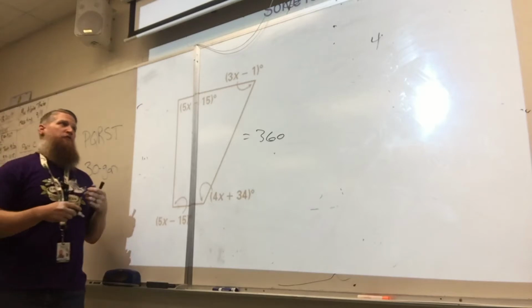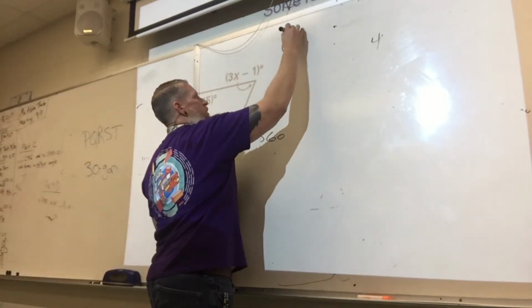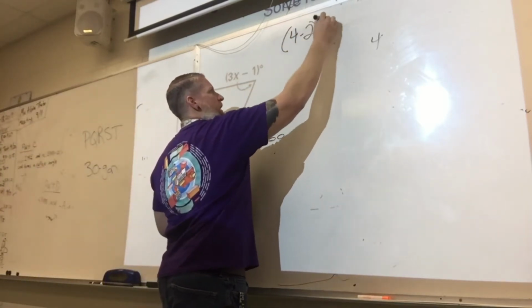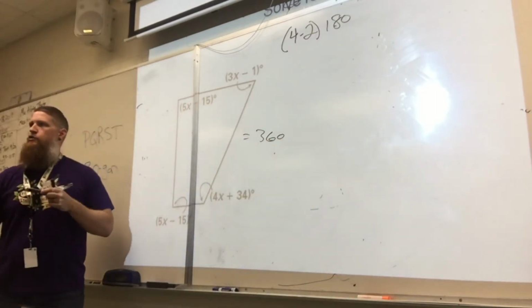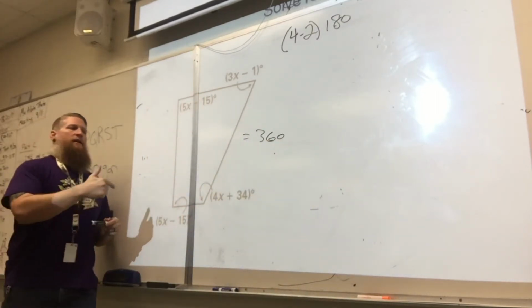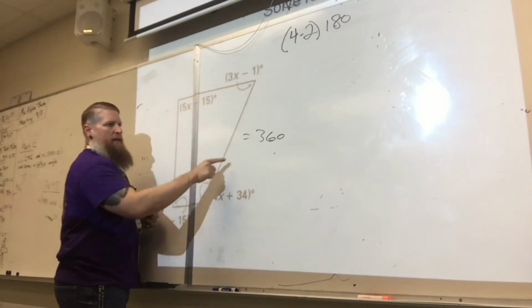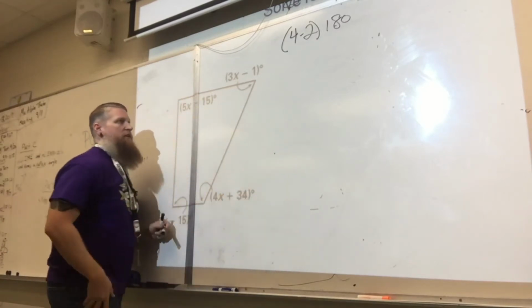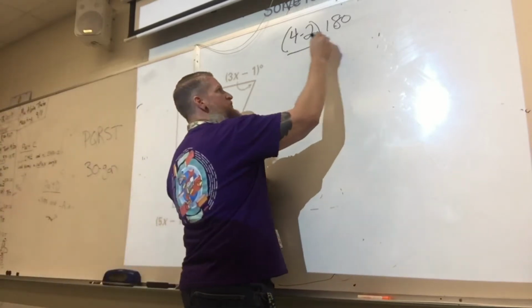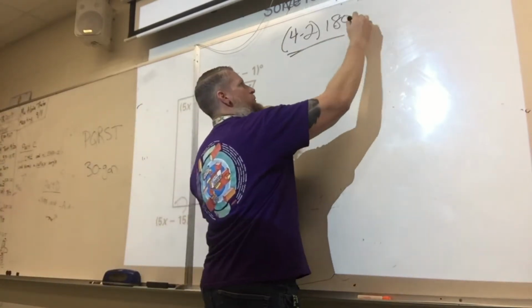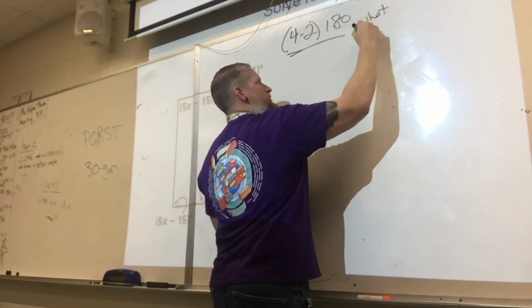But if you ever forget, you can always go back to the n minus 2 times 180, because that's where that number comes from. But we use quadrilaterals so much that understanding that these 4 add up to 360 should be a given.